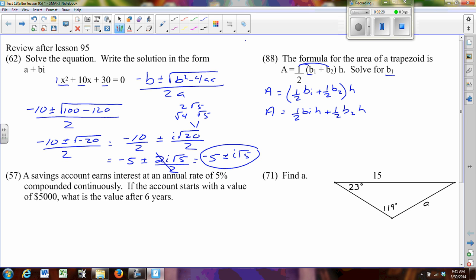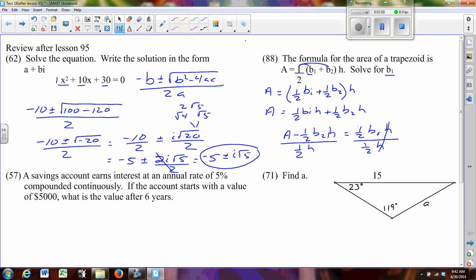Now from here I can subtract, so I'd have a minus 1/2 b sub 2 h equals 1/2 b sub 1 h. Now to get my b sub 1 all by itself, I'm going to divide by 1/2 h.